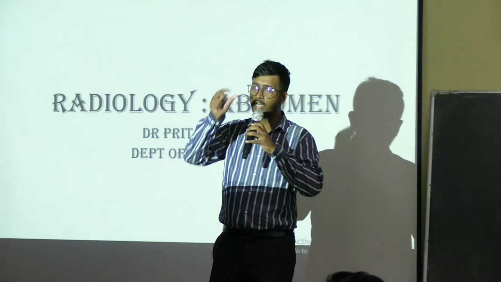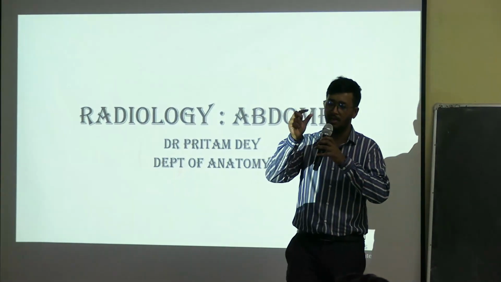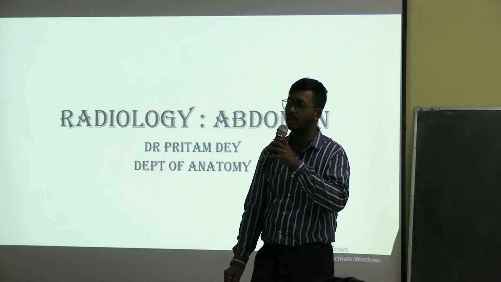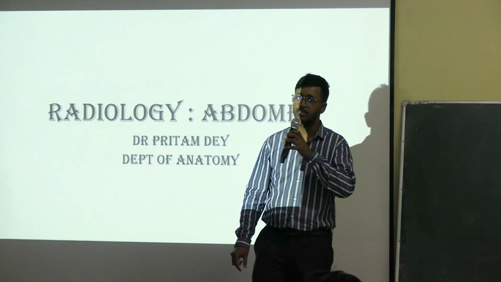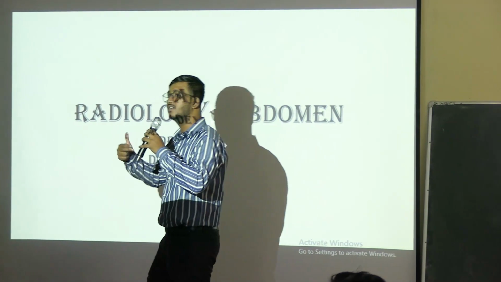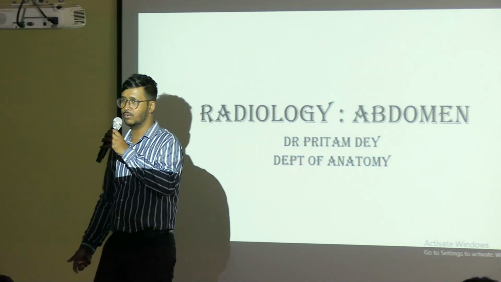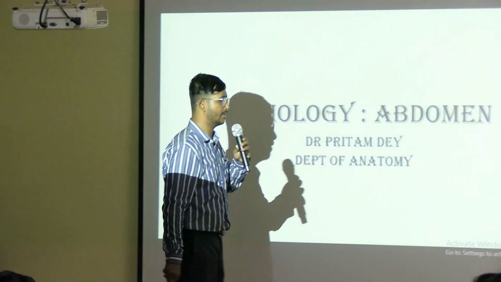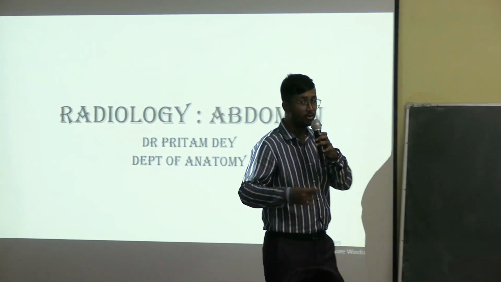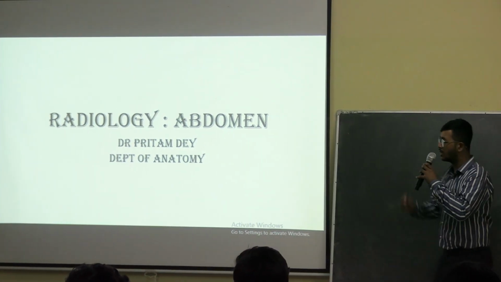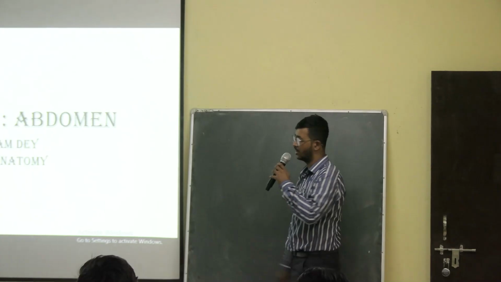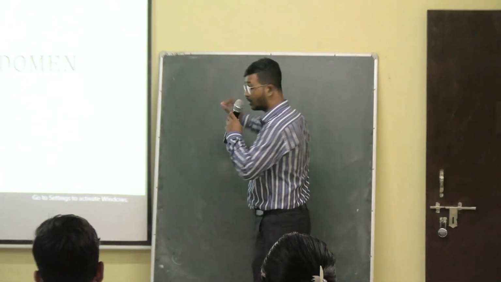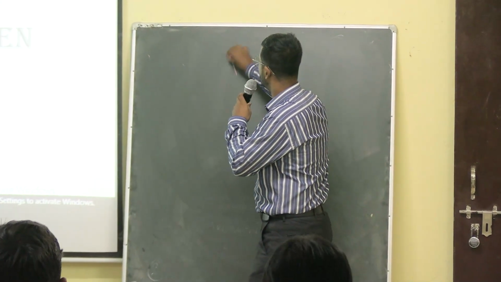So for taking pictures of the various lumen, that is the small intestine, large intestine, these things, we need to make it radio-opaque artificially. So for making it radio-opaque artificially, we use one toxic substance to be precise, that is your barium.